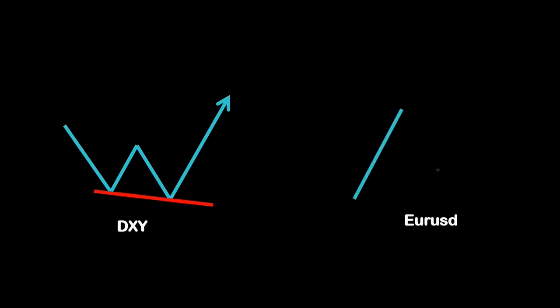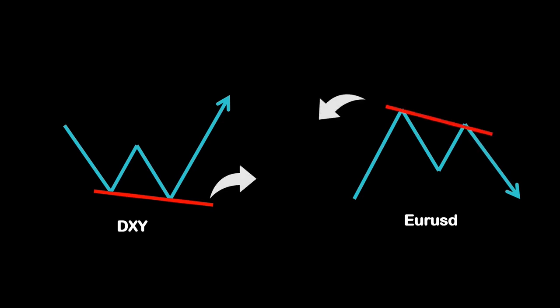For example, if the dollar index is expected to move higher, typically foreign currencies like the EURUSD or the GBPUSD should move lower. Conversely, if the dollar index moves lower, these foreign currencies should move higher. When this expected correlation does not hold, it signals a divergence.